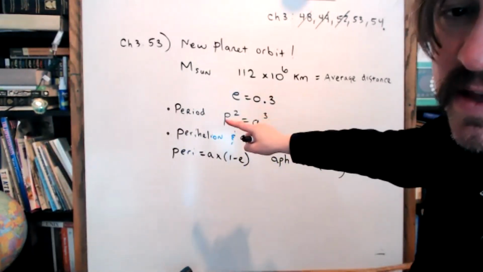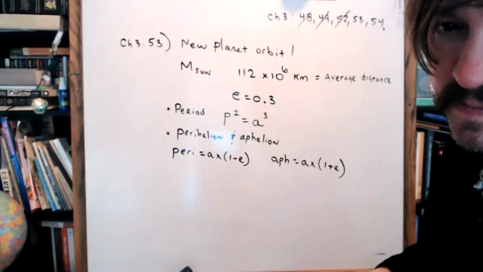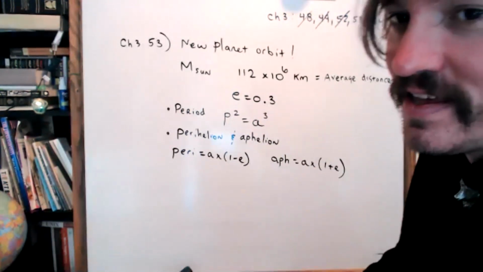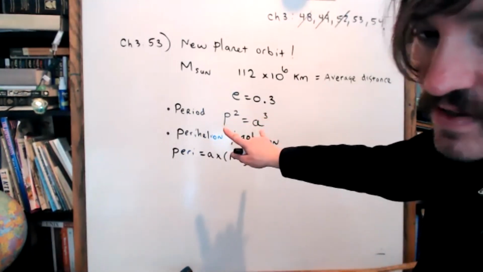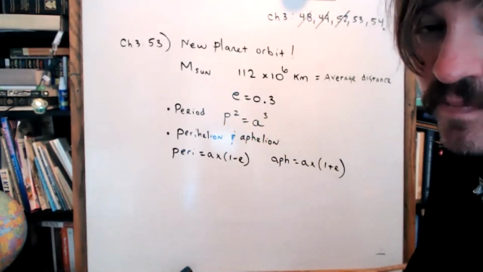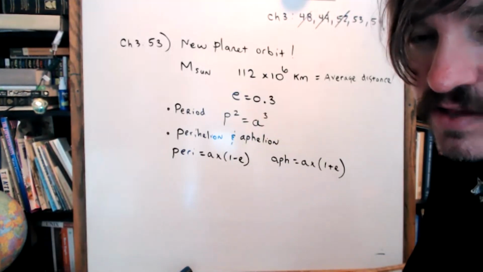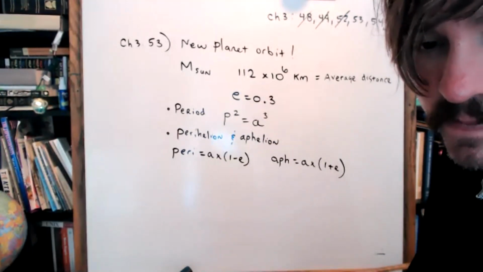No, because P is the period. Okay, sorry. So E, it would be 0.03 squared equals. E is the eccentricity, Kim. P squared equals A cubed does not refer to the eccentricity. That's okay. We got to smash our heads against the wall a little bit here.